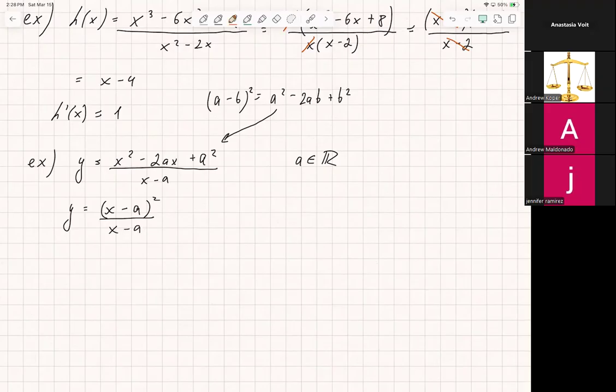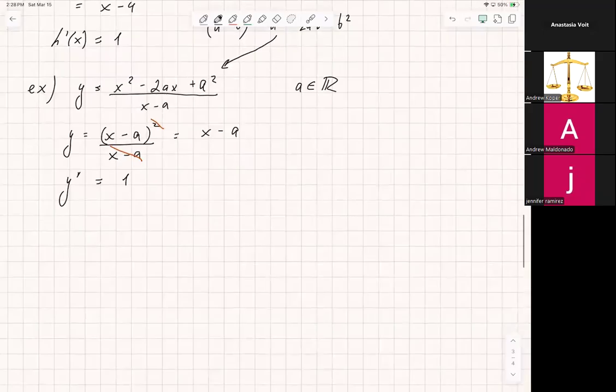So we can cancel the square in the top and the denominator, and we have x minus a. And now it's easier to take the derivative. The derivative of this function is just 1, because the derivative of x is 1 and the derivative of a constant is 0. So we have 1 plus 0, which is just 1.